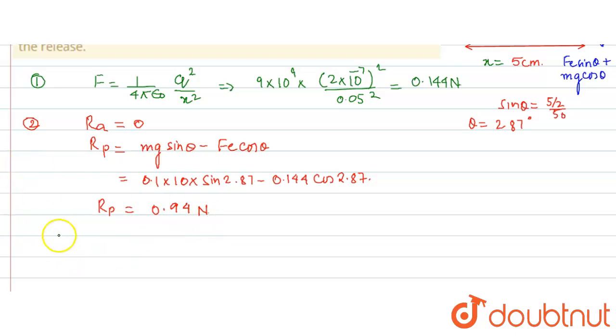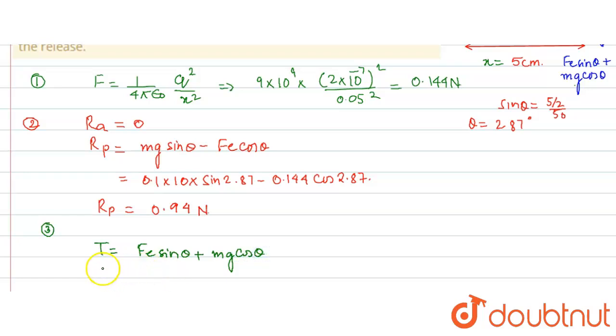In the third part, we need to find the tension in the string. The force Fe sin theta plus mg cos theta will provide us the tension. So the tension will be given by Fe sin theta plus mg cos theta.